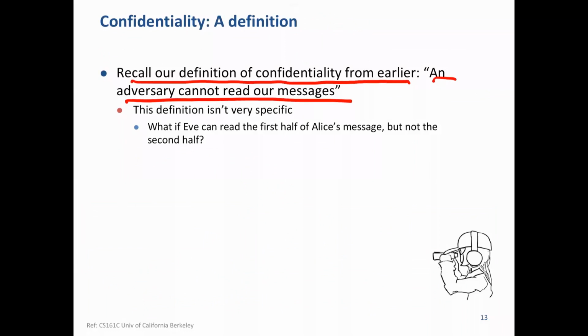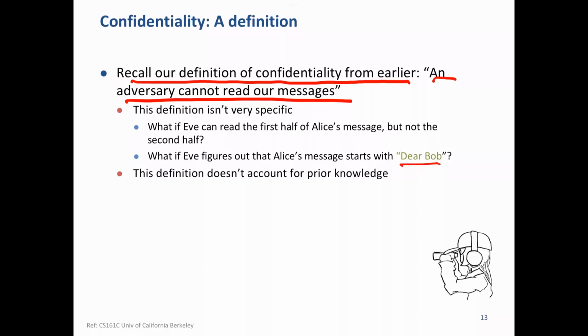What if she is able to read something about it, or make out something from the ciphered message, such as that this is a business transaction, or some shares being sold, or a normal hello message? If she can make out anything, for example whether the message says dear Bob or yours Alice, then that's not confidentiality.